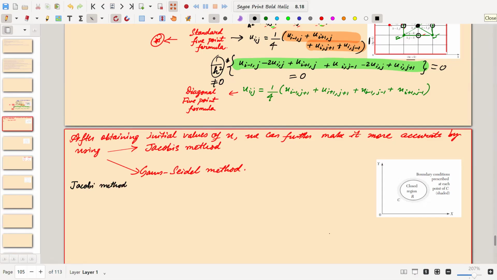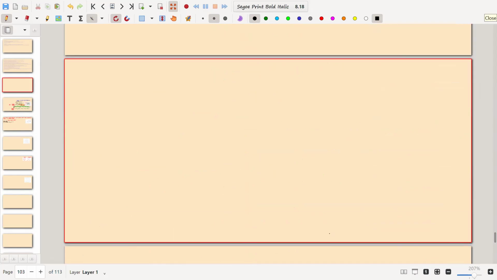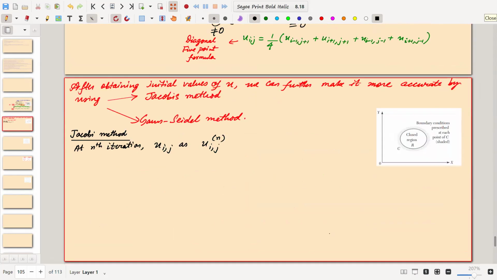Jacobi method. After n iterations, at the nth iteration, I am denoting the value of u_ij as u_ij superscript n, so that I will know which iteration it is.